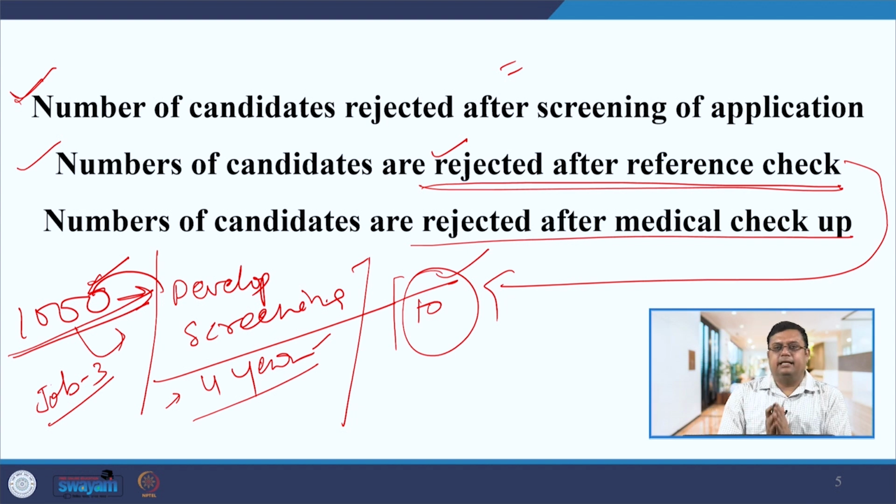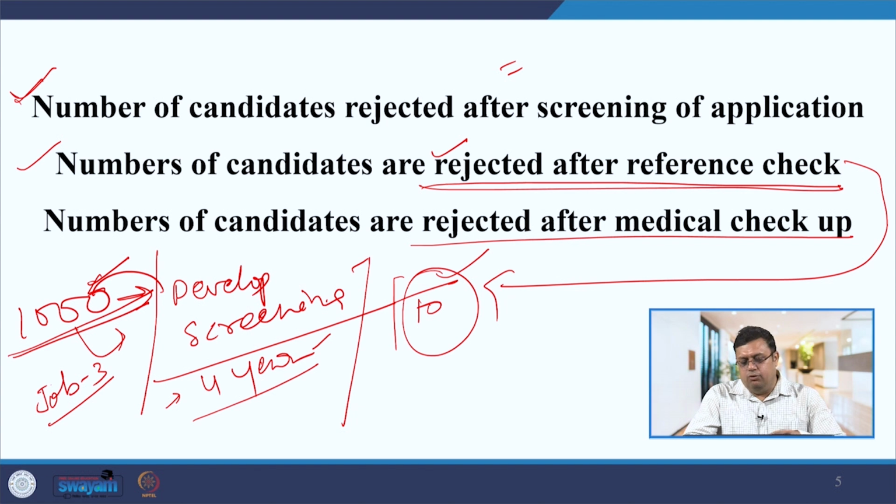Because if you know these numbers, then you should know one particular thing. When you are selecting the candidates, you should always think about one thing: if the number of positions is higher than the final job offers that you are giving, then it indicates that you could not conduct the selection process effectively, right.